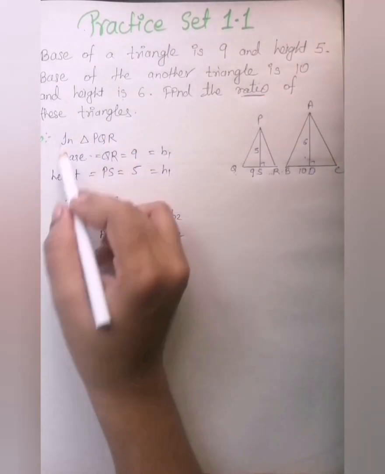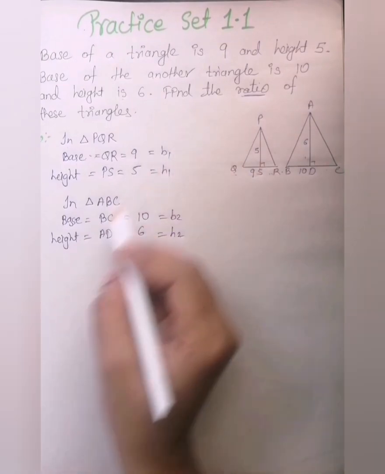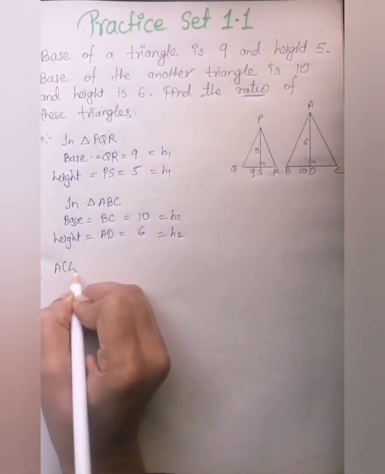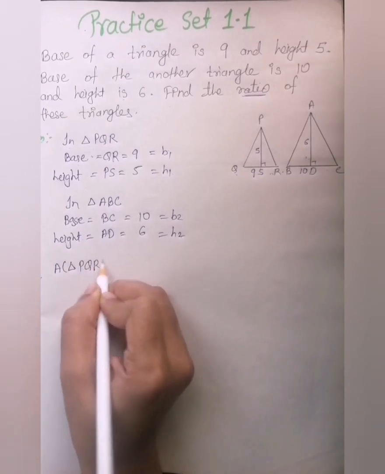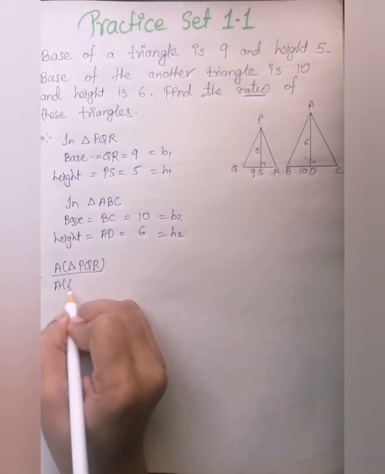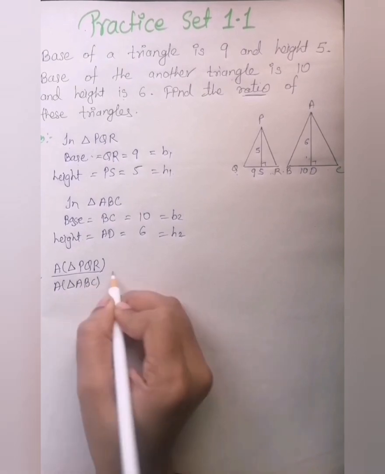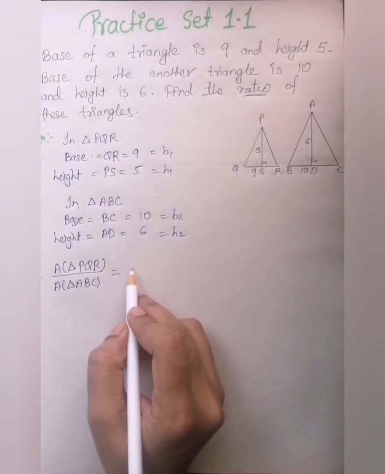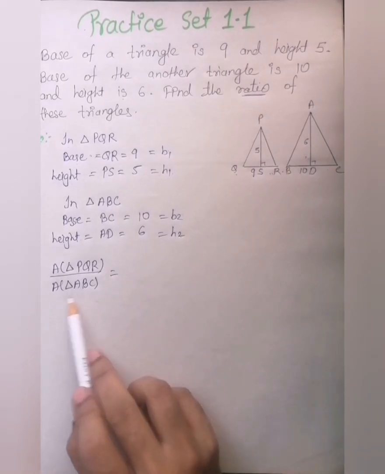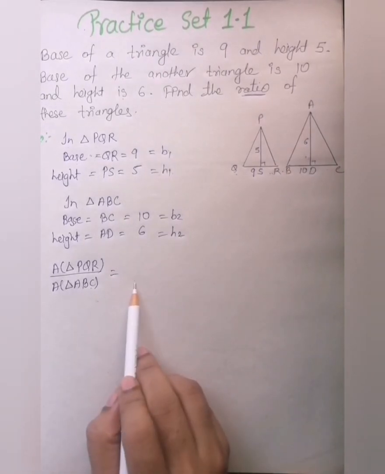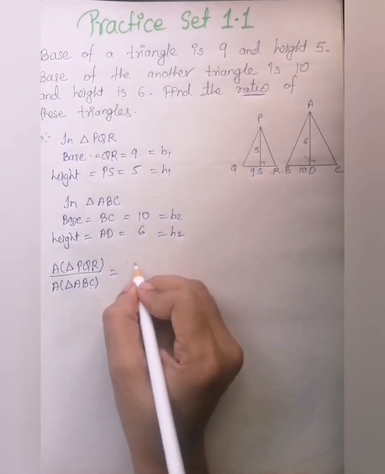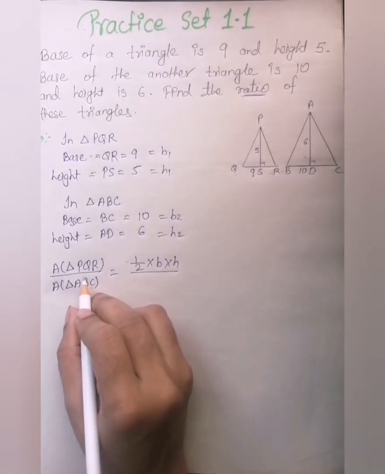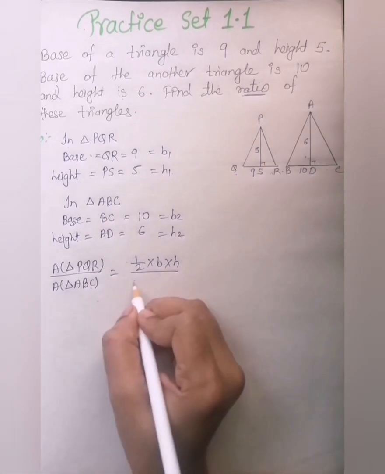Now the ratio of these triangles: we find the ratio of the areas. Write down area of triangle PQR upon area of triangle ABC. What is the formula for the area of a triangle? Half into base into height, for the first triangle and again for the second triangle.